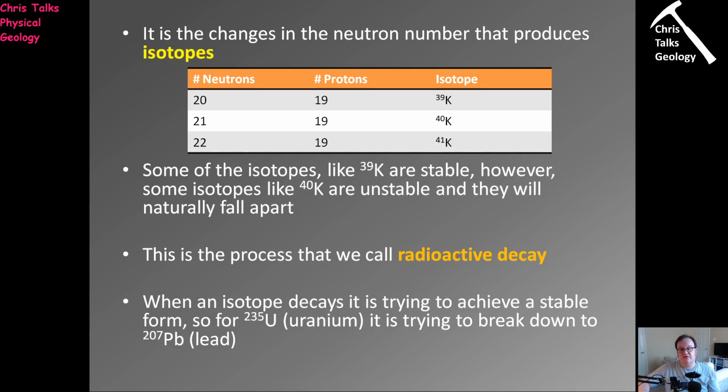So the parent isotope, the uranium, will decay and decay and decay time and time again until it eventually achieves a configuration which is stable. So uranium-235, the parent isotope, will decay to lead-207, which is referred to as the daughter isotope. It is stable. It will not decay any further once it reaches lead-207.